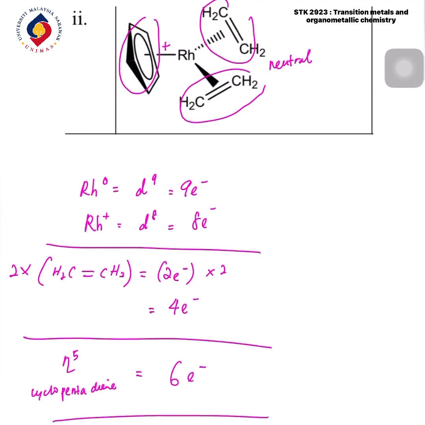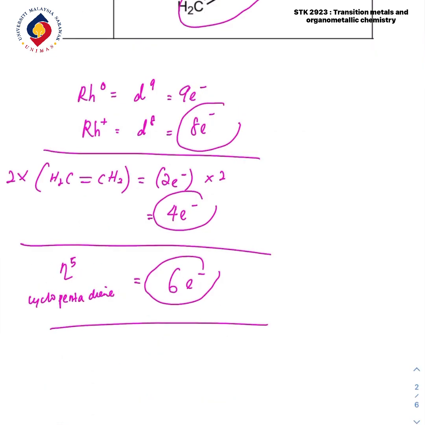So the total is 8 electrons plus 4 electrons plus 6 electrons, equal to 18 electrons.